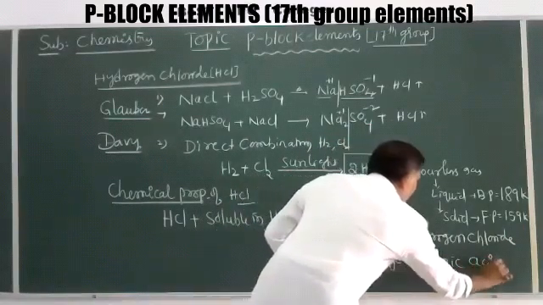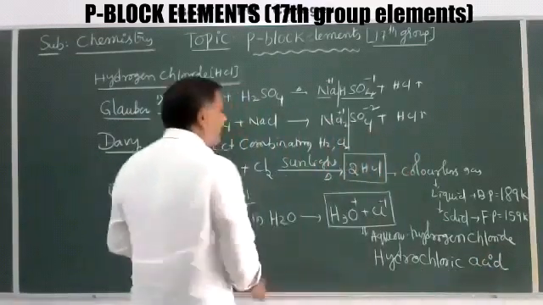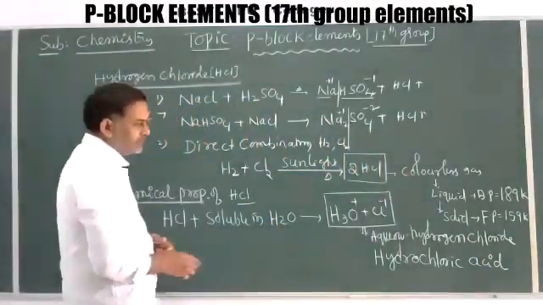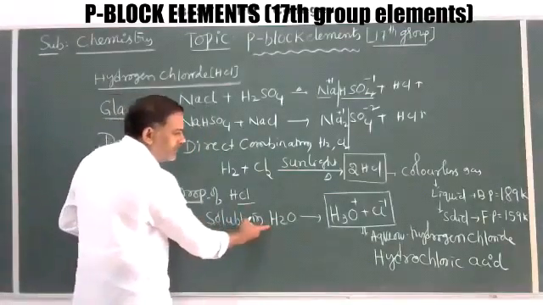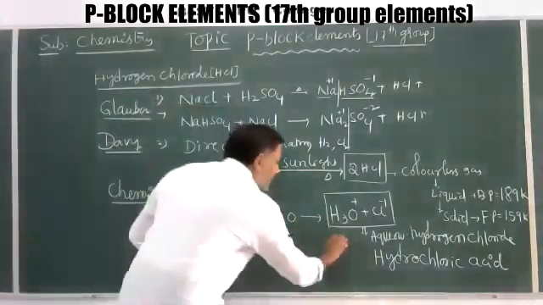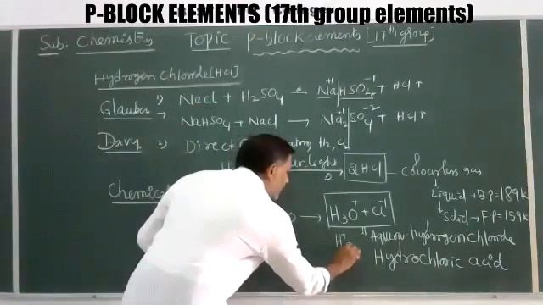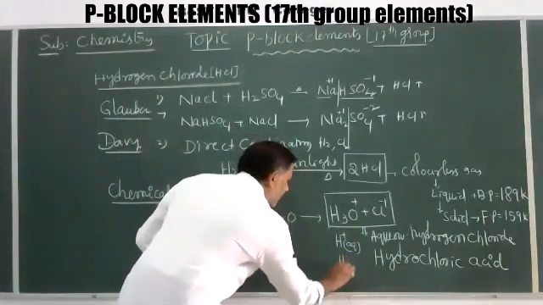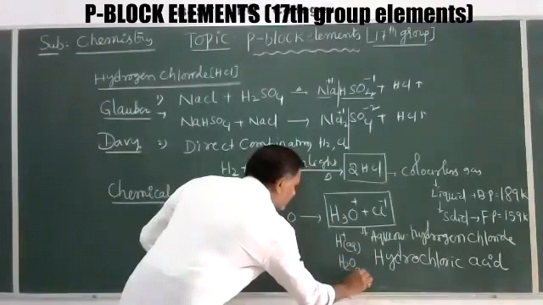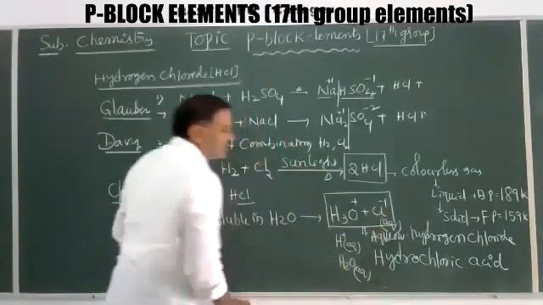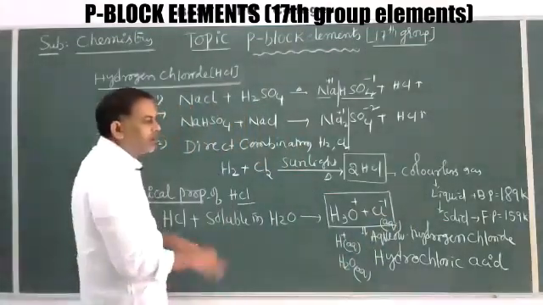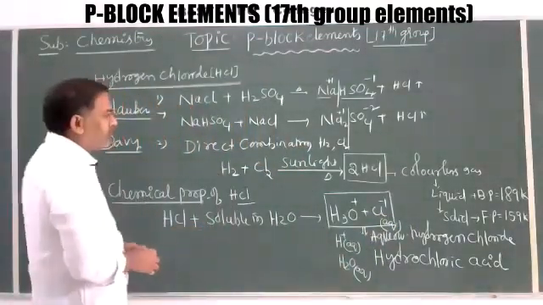The difference between hydrogen chloride and hydrochloric acid: when HCl is dissolved in water, it produces H plus aqueous and Cl minus aqueous, that is hydrochloric acid.